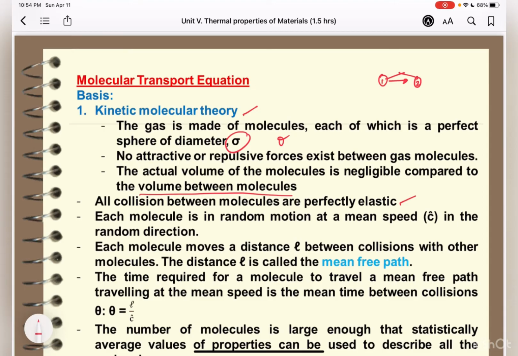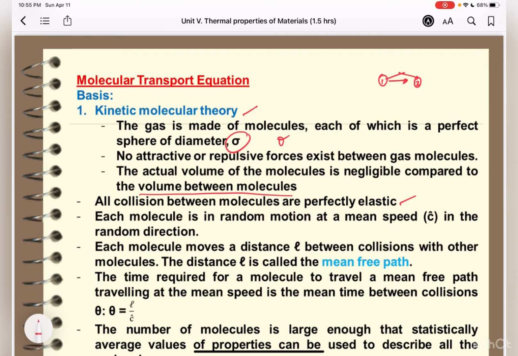I said a while back, all collisions between molecules are perfectly elastic. So if it is perfectly elastic, they don't dent each other. Once they bump, they could just freely move a distance from each other. So each molecule is in random motion at the mean speed of c bar in a random direction.